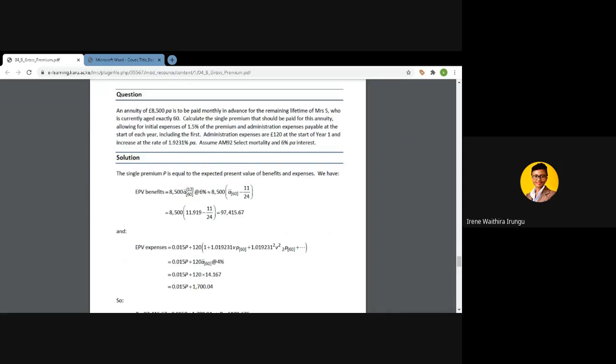But what is the difference? It is no longer being computed at 6%, neither at 1.9231%, but at a new rate j, such that if you write the discounting factor in terms of j, (1 plus j) to the power of -1, that should be equal to 1.019231 divided by 1.06.